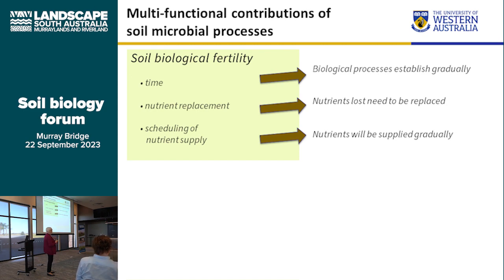So if you're going to have a bit of a focus on biological fertility, you have to focus on time, because it's not like putting on fertiliser. It takes time to develop. In one year, you might get a build-up of my biological contribution to the fertility, but the next year and next year, gradually you'll get a benefit over time. So you've got to wait.